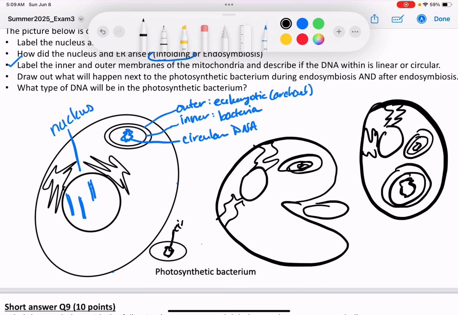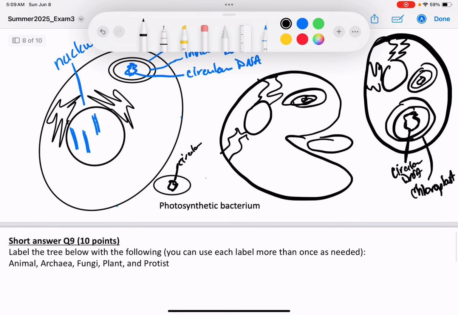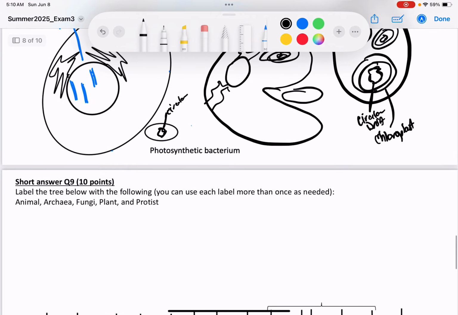It's going to be circular, right? So this is going to have that circular DNA, and this becomes the chloroplast. Now, just keep in mind that the chloroplast doesn't look exactly like it looked when it was first engulfed, right? It has evolved since then, too. So just keep that in mind for the future.